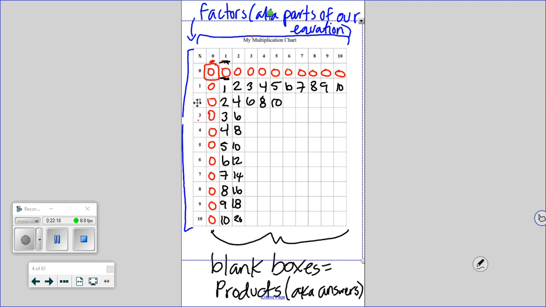William, 6 times 2. Add on another group of 2. 12. Very good. Mason, 7 times 2.